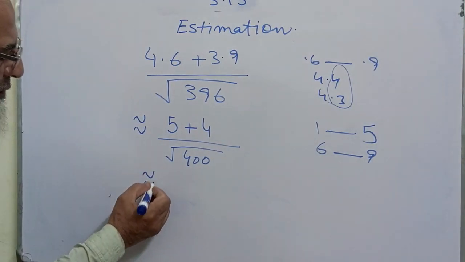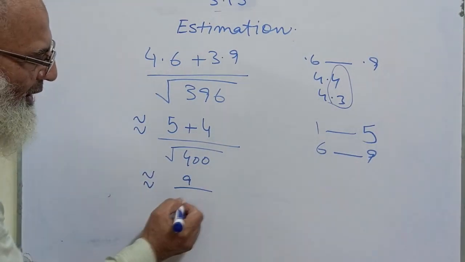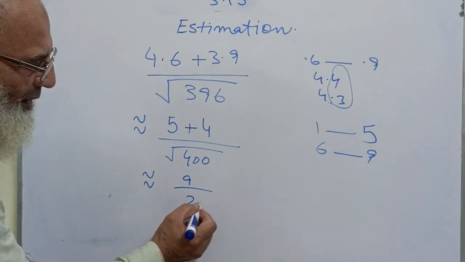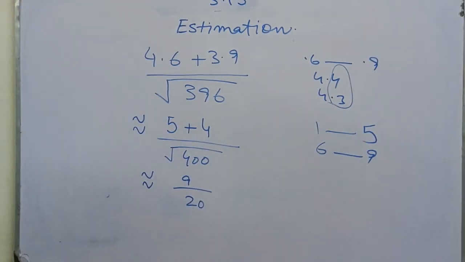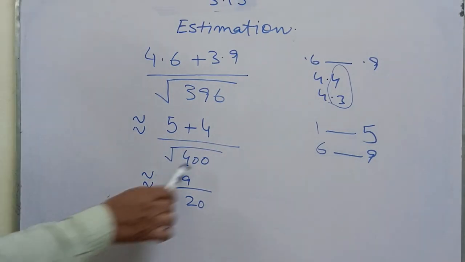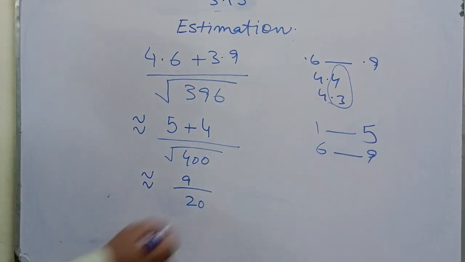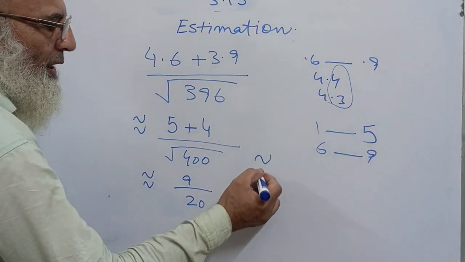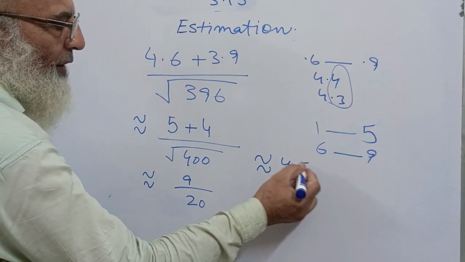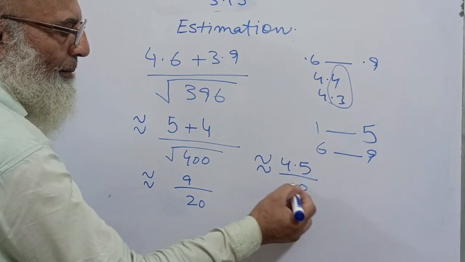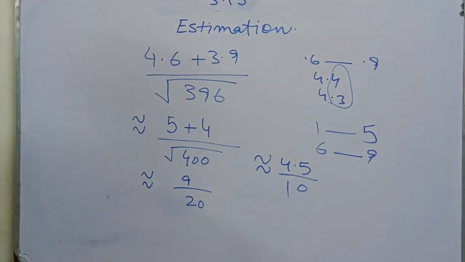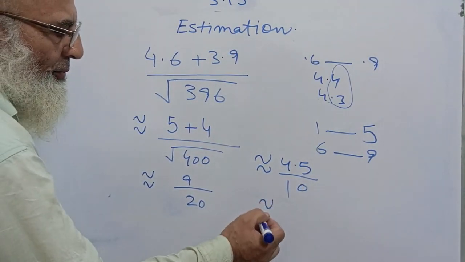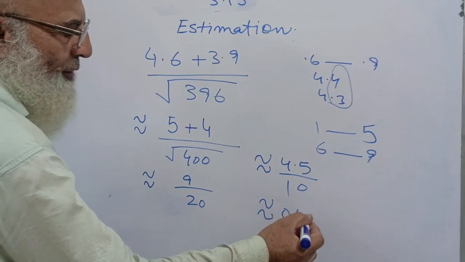It will become 9 divided by 20, because the root of 400 is 20. So it will become 4.5 divided by 10, or simply 0.45.